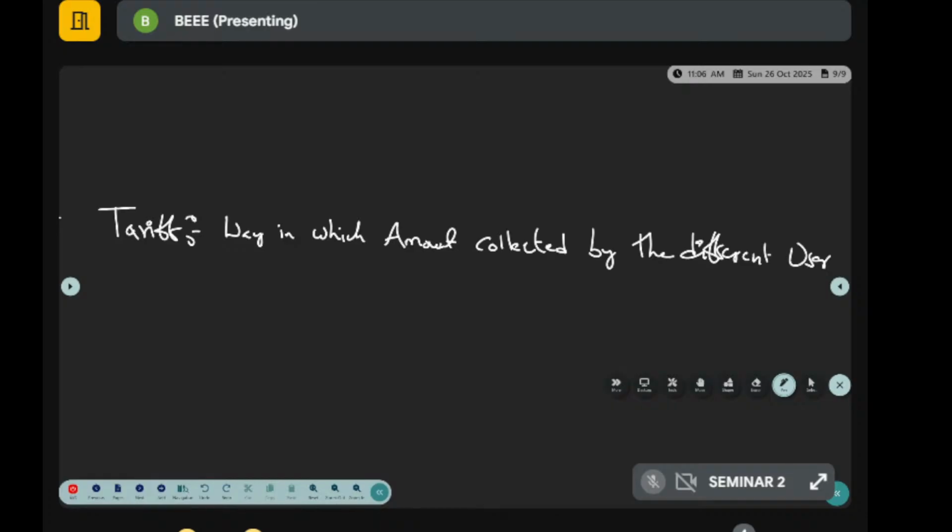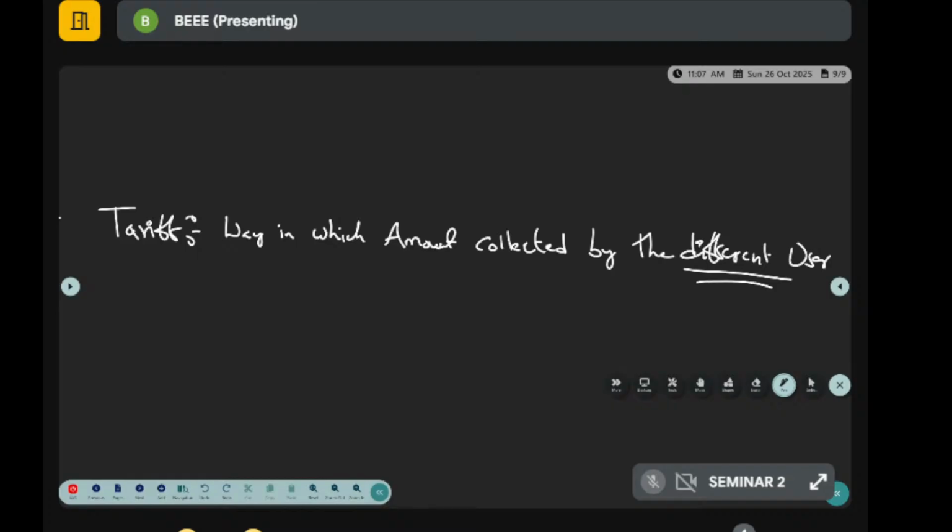So they are collecting 1 rupee for 100 units, 1.25 for 200 units, and so on. Tariff is one of the ways to collect the amount from the individual users. How many kinds of users are available?